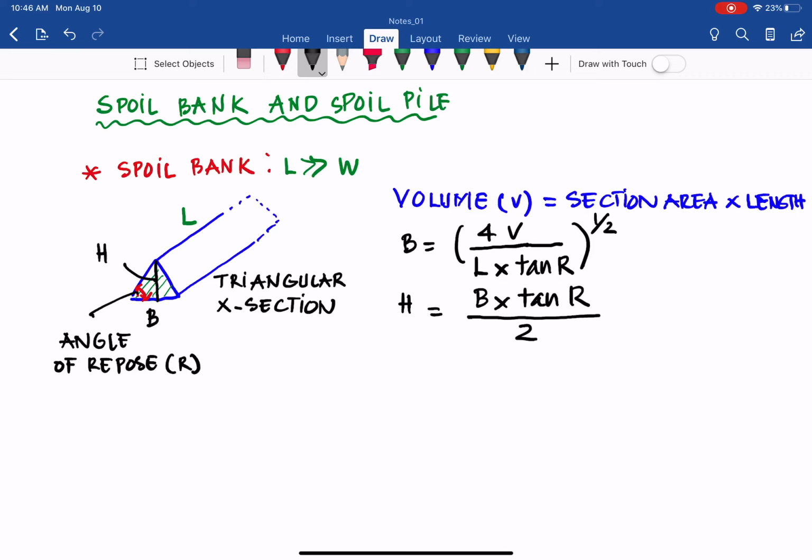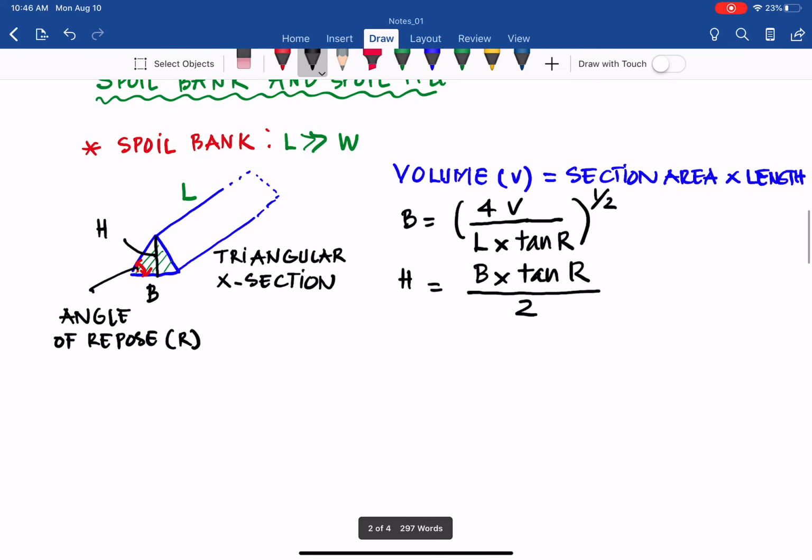But in real life, when you know the volume and you know how much the site needs, you need to determine the B. How high can I make it here, or with the height limit for certain areas, I need to reduce the height, and then associated with that, we have to reduce the B. So that is the relationship between the volume, the base, and the height of the spoil bank with the triangular cross section.